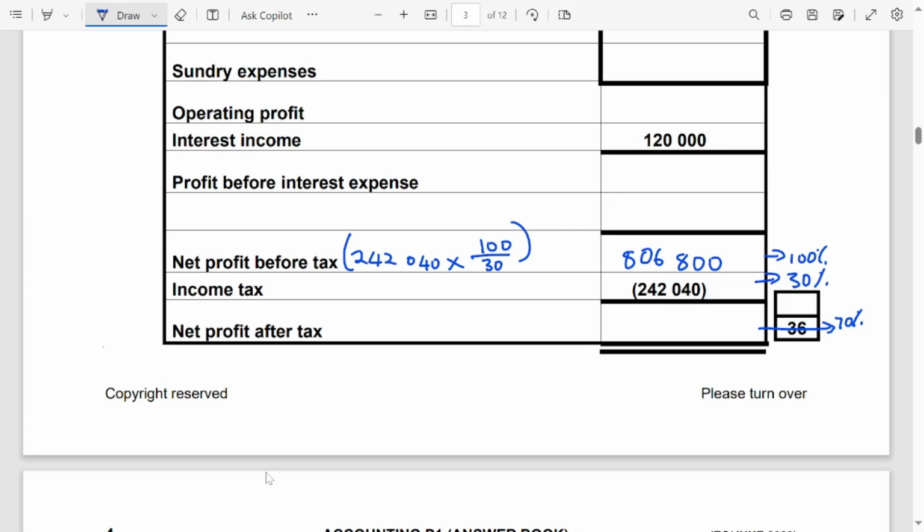Then net profit after tax, we must say net profit before tax minus income tax. So 800,000 minus 242,040 gives $760. Right? So let's continue.